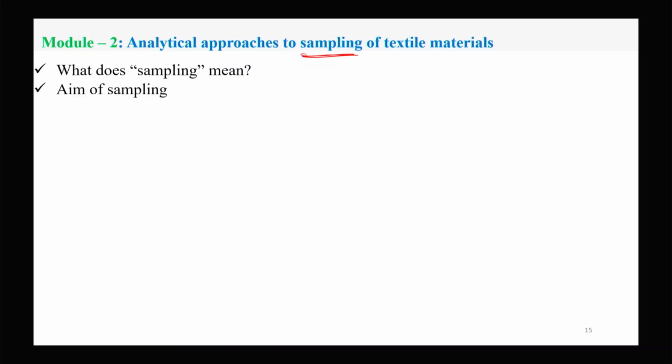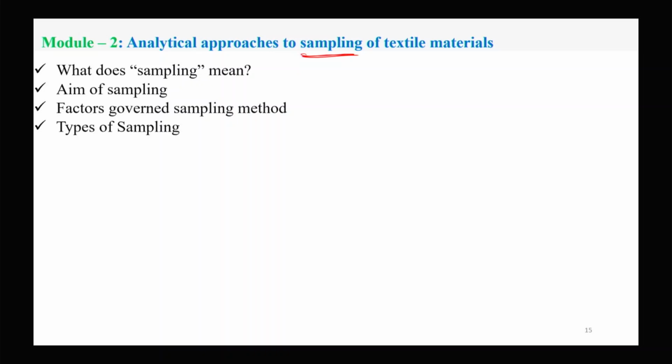Next is the aim of sampling. Why do you need sampling? Then factors that govern the sampling method.